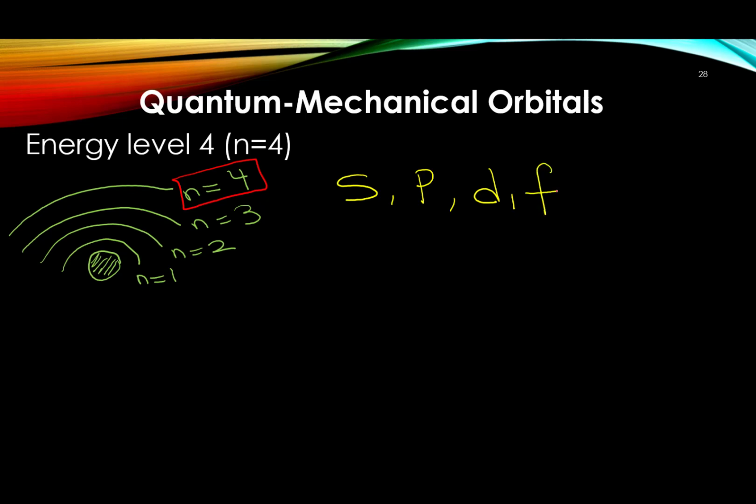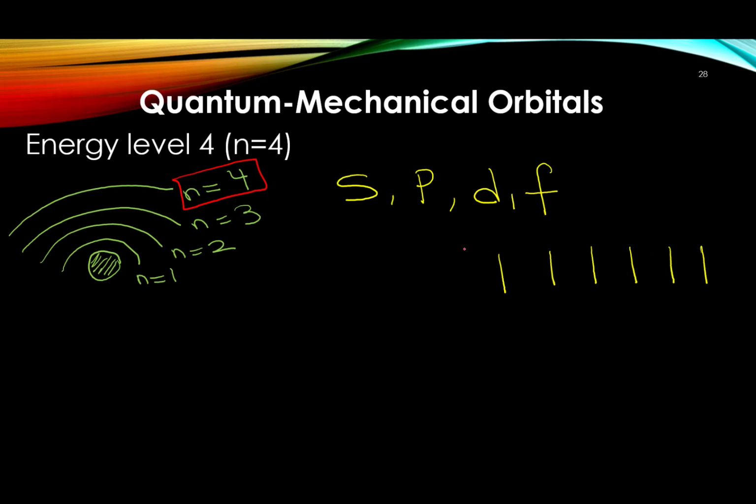F orbitals. Now, how does the F look like? F orbitals are 7 boxes joined together. Okay, that's 1, 2, 3, 4, 5, 1, 2, 3, 4, 5, 6, and 7.